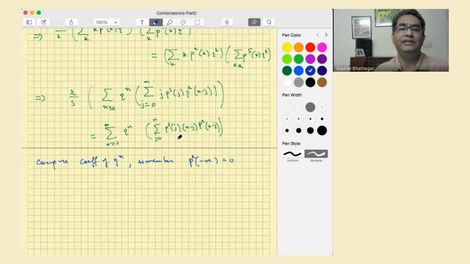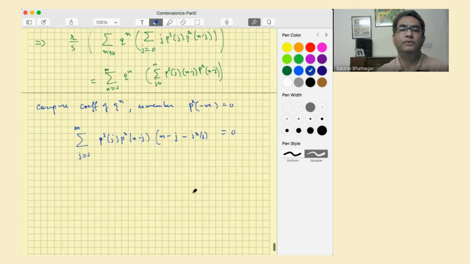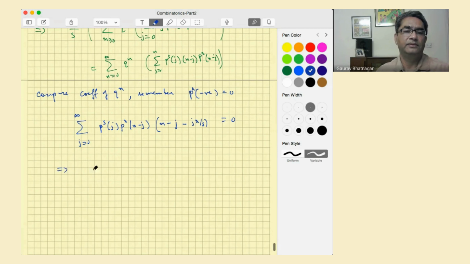So I bring everything on one side, and I write the sum on j going from 0 to infinity, and this term is common. Psj and Prn minus j is common, and I'm bringing n minus j minus this j times rs, and this is equal to 0. So this is my final result, n minus j.